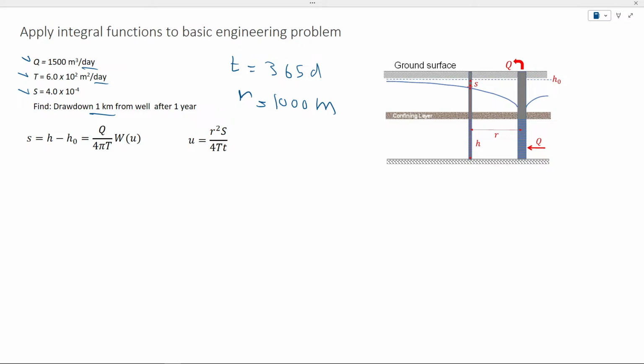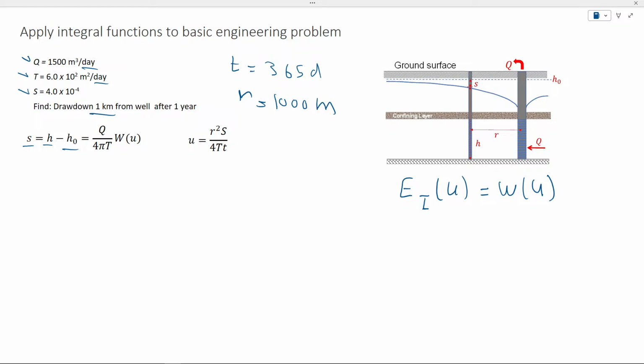So if I have this information, this is my drawdown, equal to Q over 4 pi T, and then this is my W(u) here. We call this W(u), the well function.